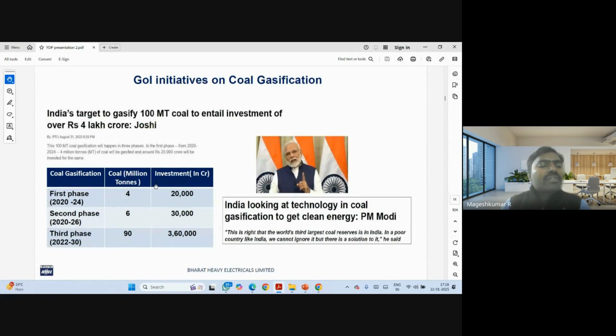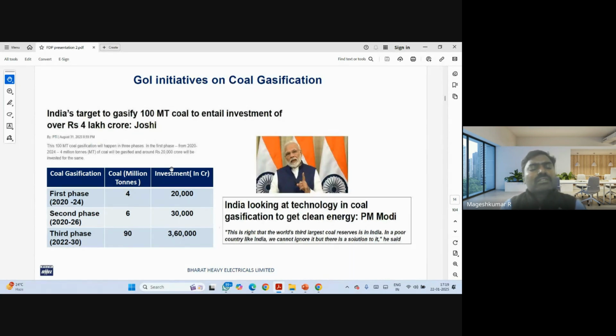What investment is required for this particular project to come up? In order to gasify 100 million metric tons of coal, for every 1 million ton it requires approximately 5,000 crores. That was a conservative figure.